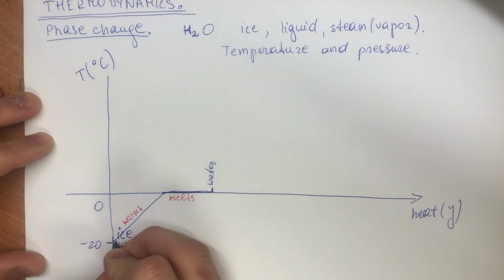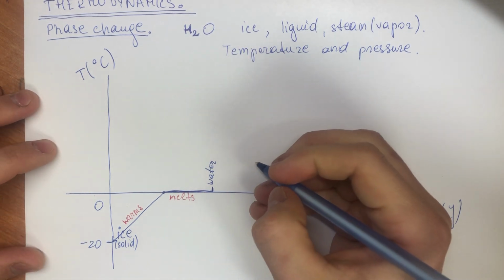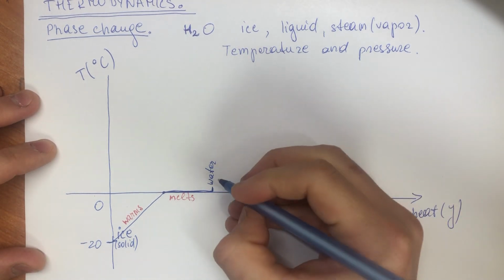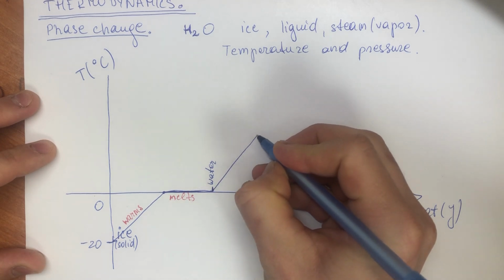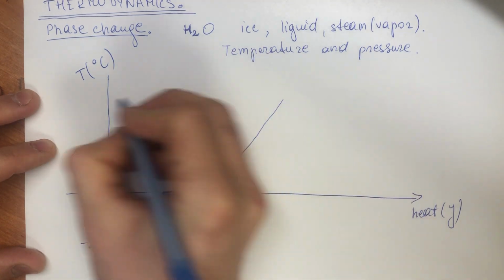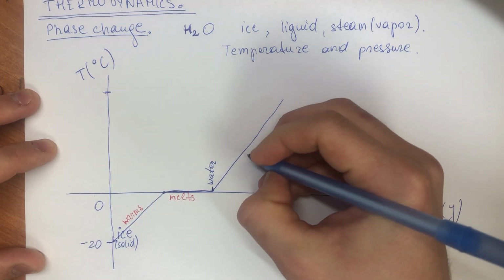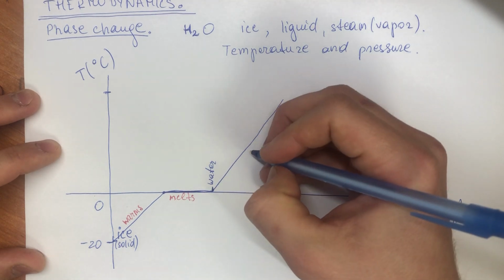Here we have ice. When we supply heat again, the temperature increases.